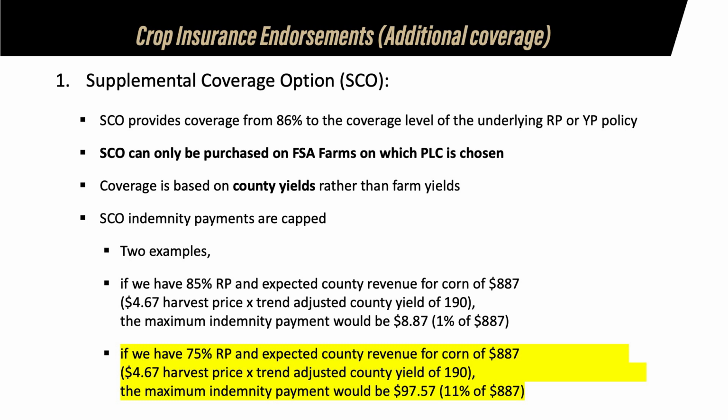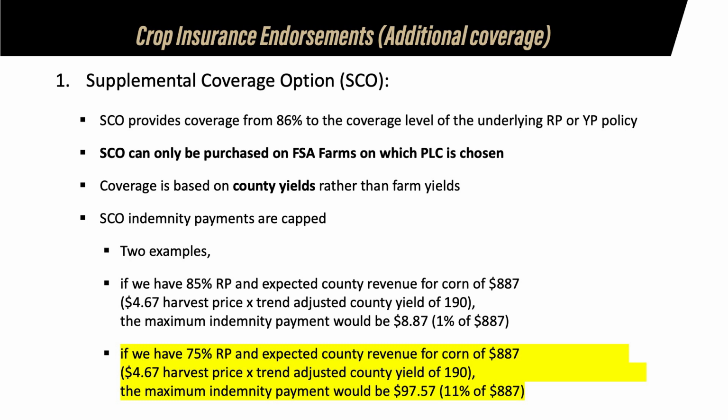And so let's talk about the revenue protection product. For example, if you picked 80% coverage level for Posey County, you could buy this SCO coverage and protect from 86% down to 80%, or an additional 6%. 6% of the revenue would be covered with this SCO product.